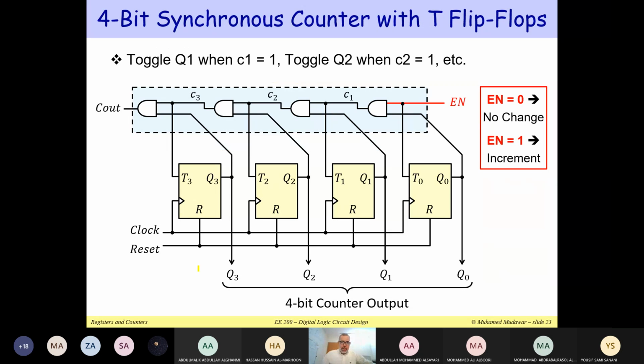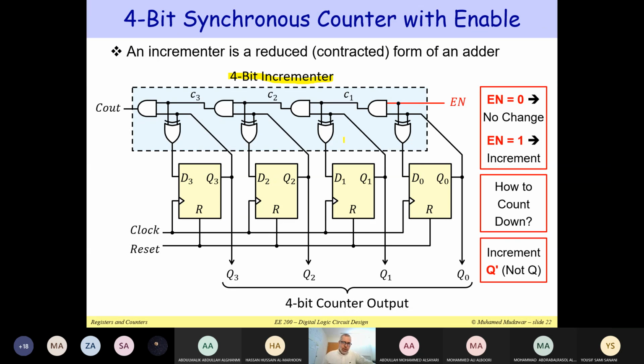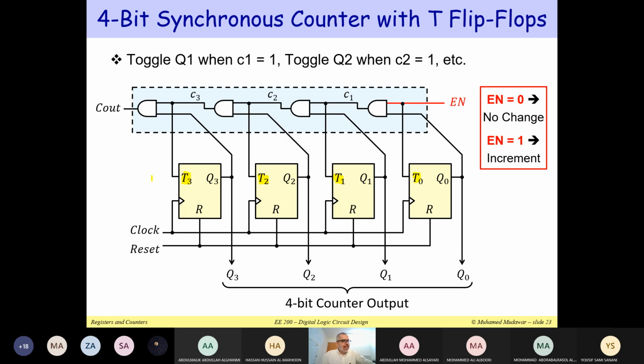Now I would like to change it into T type, T0, T1, T2, T3. So this is a toggle type. The toggle type already includes the XOR gates, which are shown here. The inputs of the D flip-flops are now part of the T flip-flops. So I just removed the XOR gates.